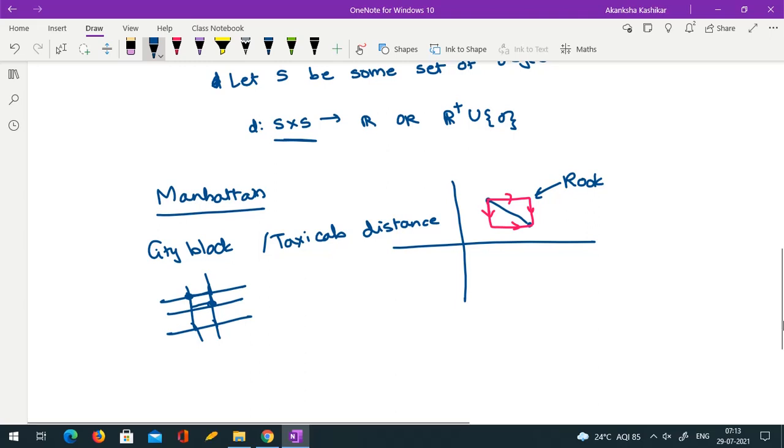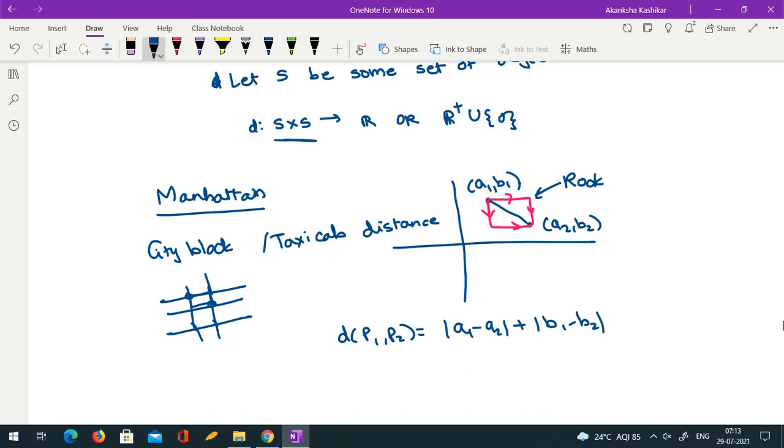So what would be the formula in the bivariate case? Then we generalize. If I call this point a1, b1, I don't want to bring in x and y, it creates confusion, and this is a2, b2, then my formula will be mod of a1 minus a2 plus mod of b1 minus b2.